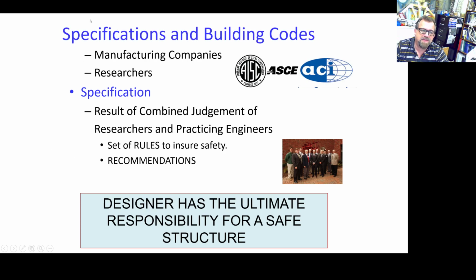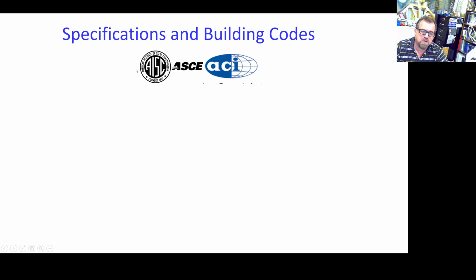Now, what is the difference between a specification and a building code? You can have specifications and standards and codes and building codes, but specifically talking about specifications and building codes. Those are specifications. Once again, those are norms. Should you get out of the norms? No. Will it be illegal if you go out of the norms? No. But don't do it.